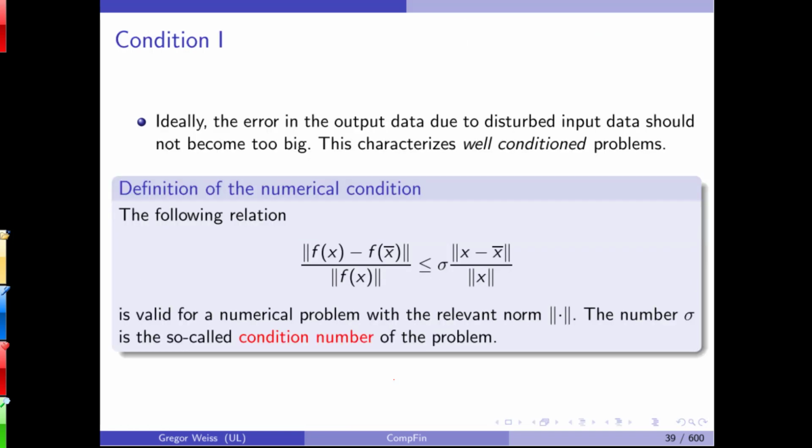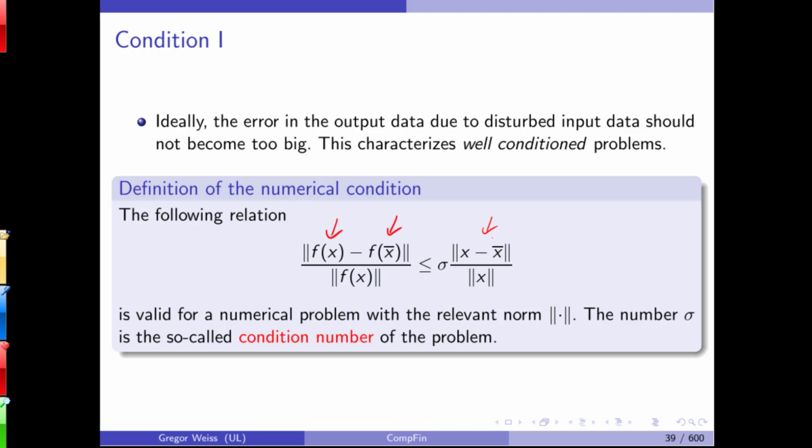Then what's the condition? With the condition, we are looking at what we are expecting with correct data and what we are expecting with disturbed data, leaving out the correctness and the validity of the algorithm itself. So this is the relative error caused by faulty input data in comparison to the relative error in the input data.